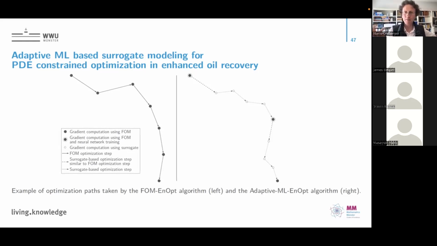And this gives us a possibility to certify whether we are already in a local minimum, or if the gradient is already close to zero or not. If not, then we take these evaluations, we improve by retraining our machine learning model, and we do another inner iteration with the improved machine learning model.